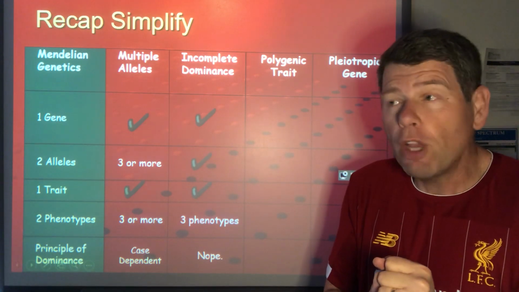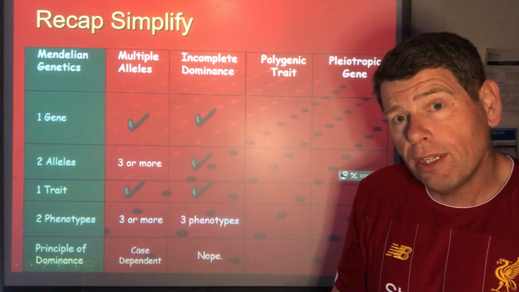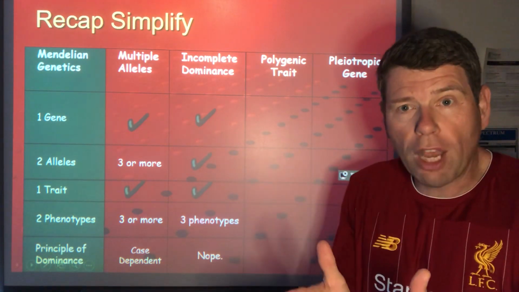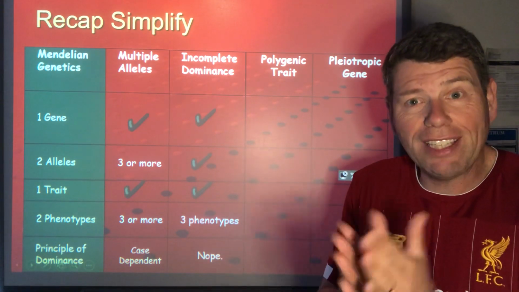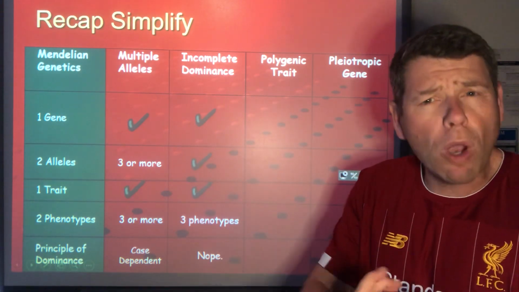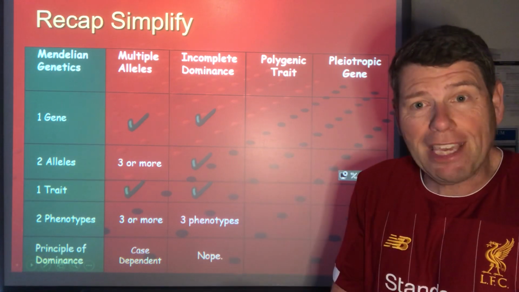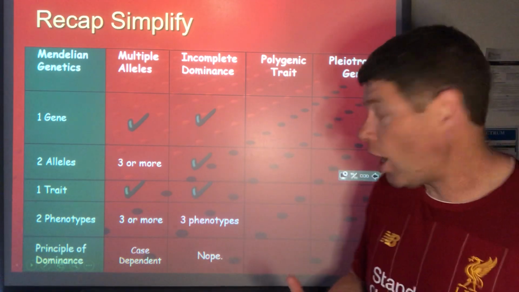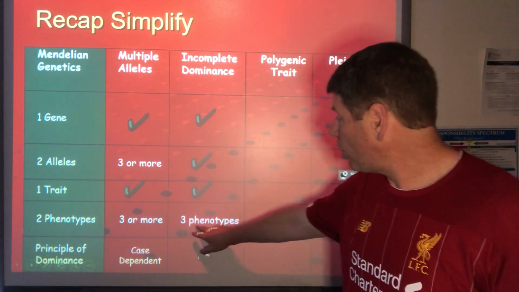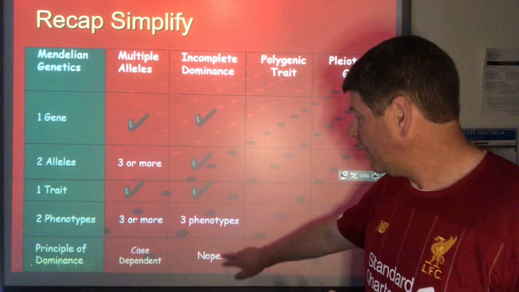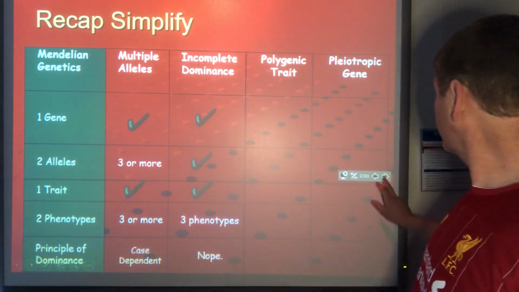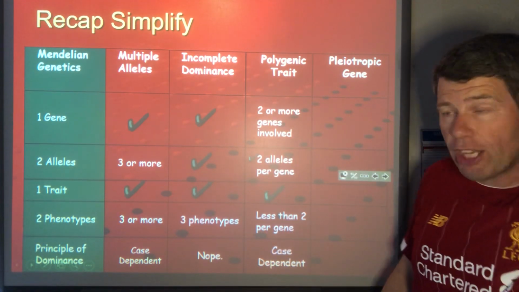Or we can actually get codominance, where both forms of the gene or the alleles are expressed, like with the roan cattle, like the black and white, or blood types A and B. That's an example of codominance. So we have at least three phenotypes. There's no true dominance.